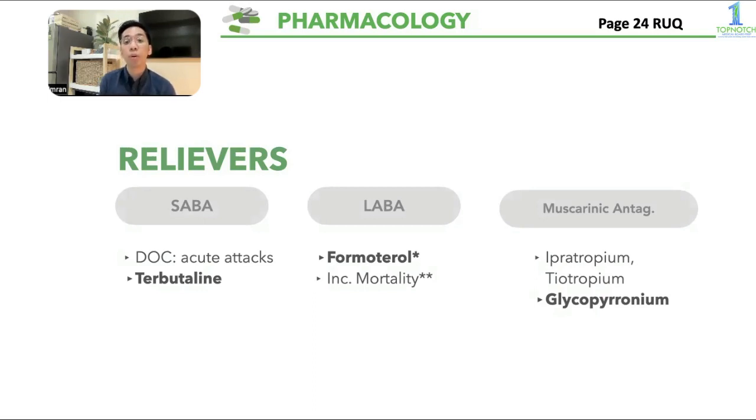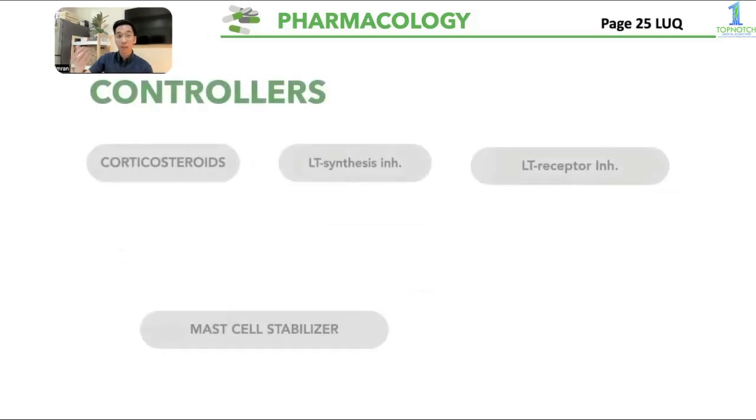Hence, nakakatulong yung ating muscarinic antagonist in relieving the acute attacks in asthma and particularly COPD. Okay, mas ginagamit siya for COPD. So itong mga to, mas binababaan nila yung increased secretion or fluid doon sa ating lungs para mas makahinga yung pasyente natin, making them more relieved, no?